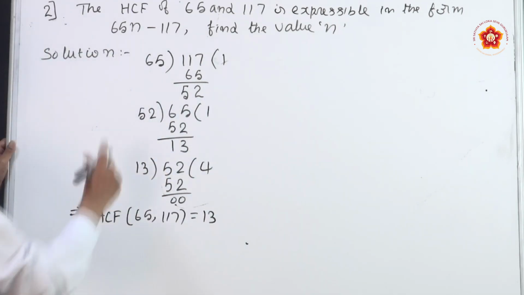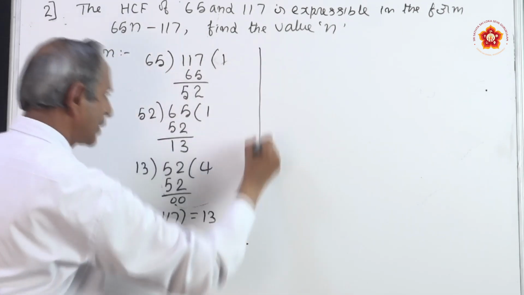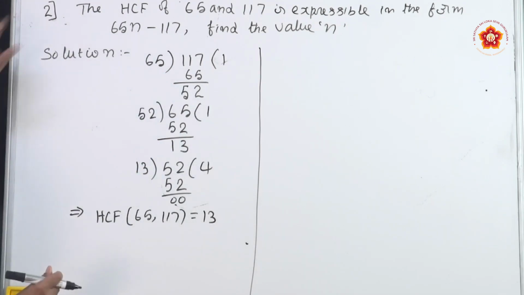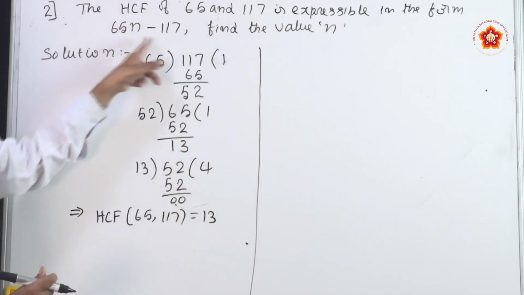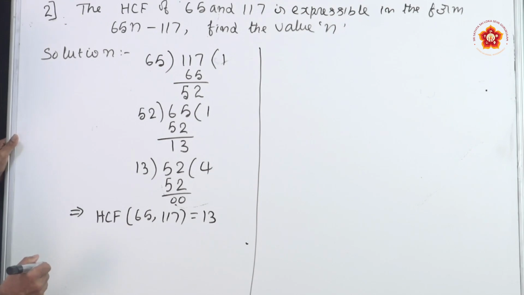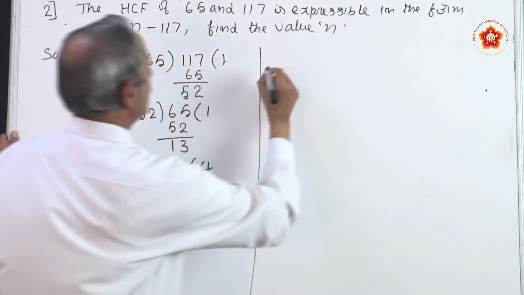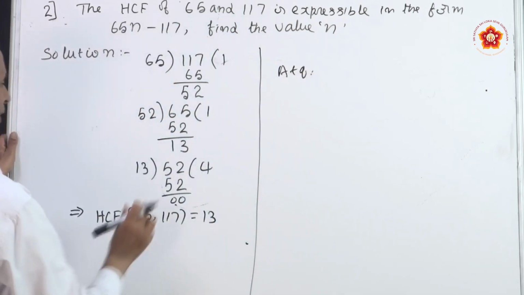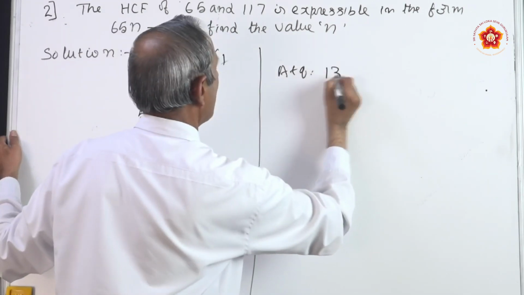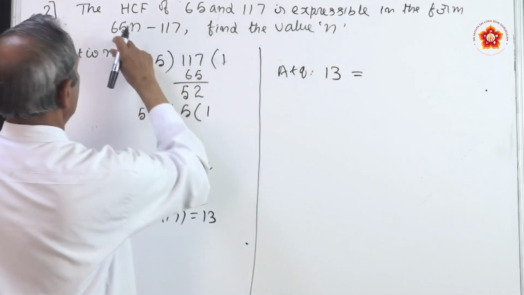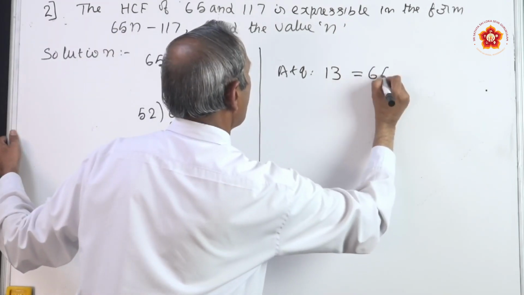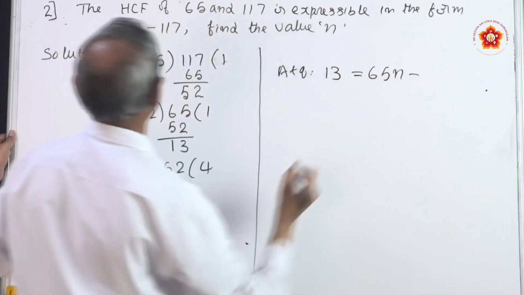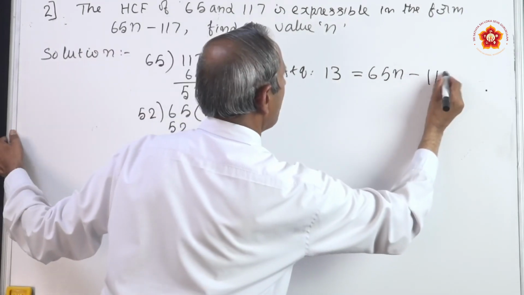Now one relation is given. You have to use that relation now. HCF of the numbers is expressible in the form of 65n minus 117. According to the question, ATQ, HCF is nothing but 13 equal to 65n minus 117.